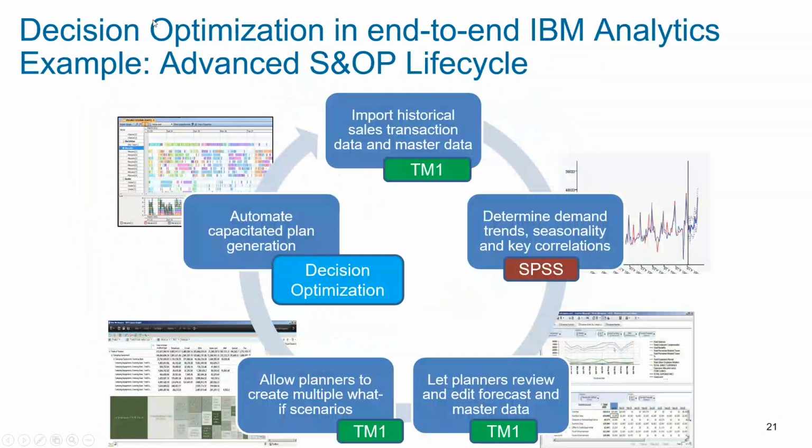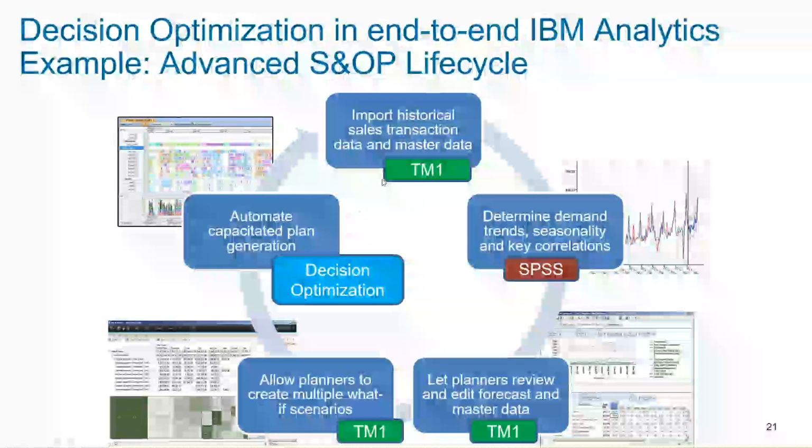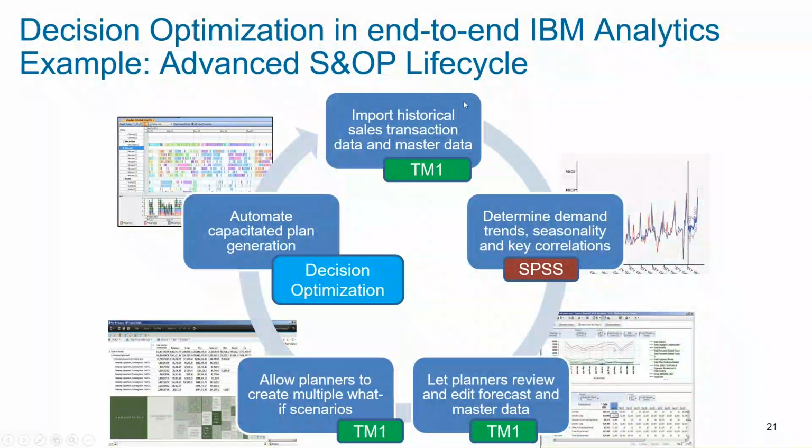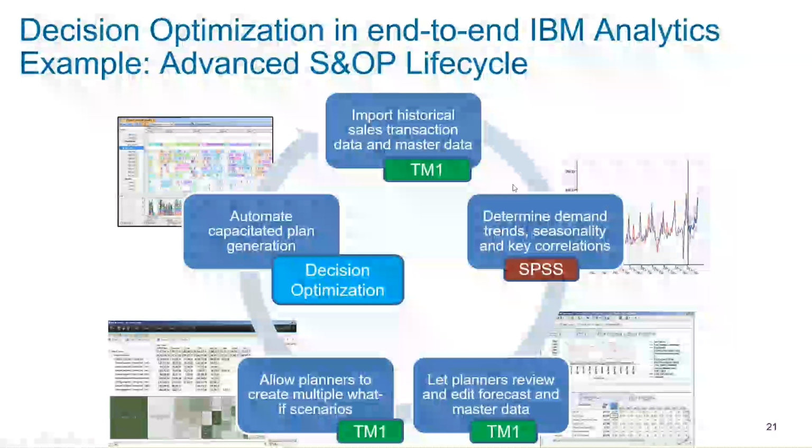So again, many of you probably have TM1, so how you are going to visualize this life cycle. You're going to import your historical data with TM1. You probably are going to do some SPSS, and determine the demand. This is not necessary.